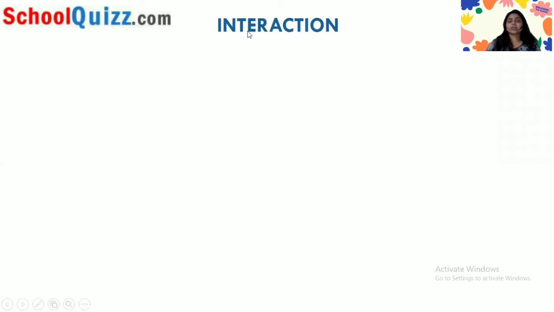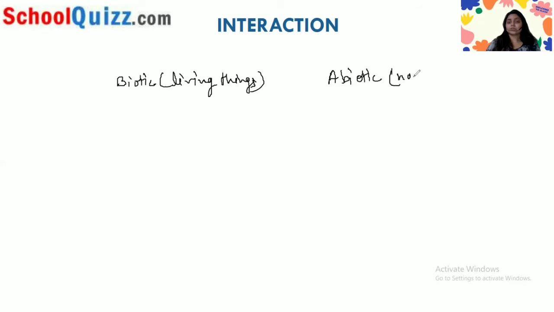Interaction. So what is interaction? Basically, we know that in our environment there are biotic, it means living things, and there are abiotic, it means non-living things, components.